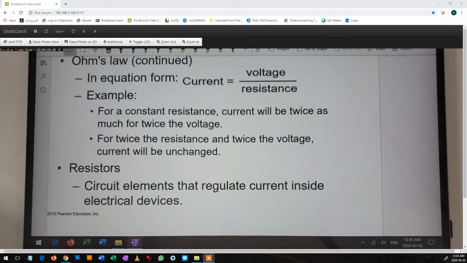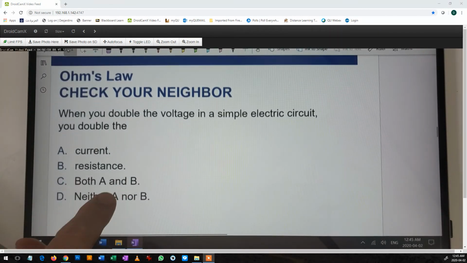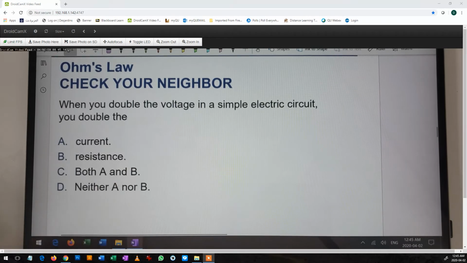Resistors, circuit elements that regulate current inside electrical devices. طيب خلينا نشوف السؤال.